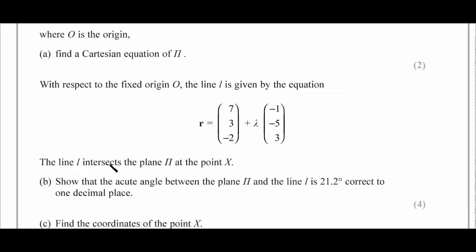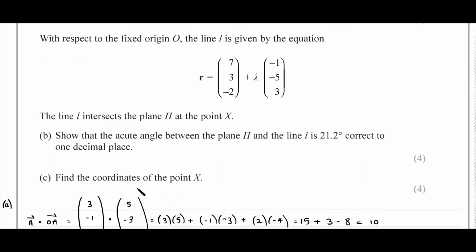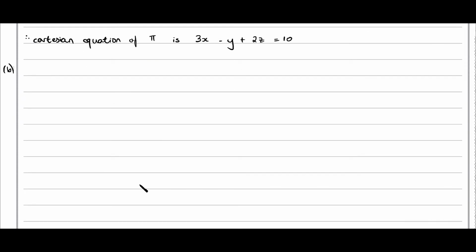And this line L intersects the plane pi at the point X. We have to show that the acute angle between the plane pi and the line L is 21.2 degrees, correct to 1 decimal place.